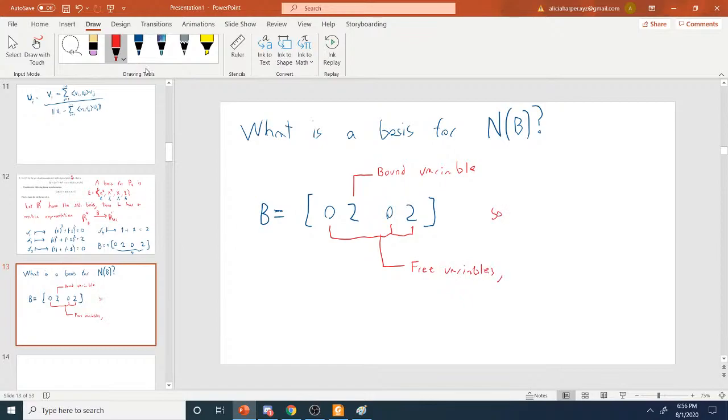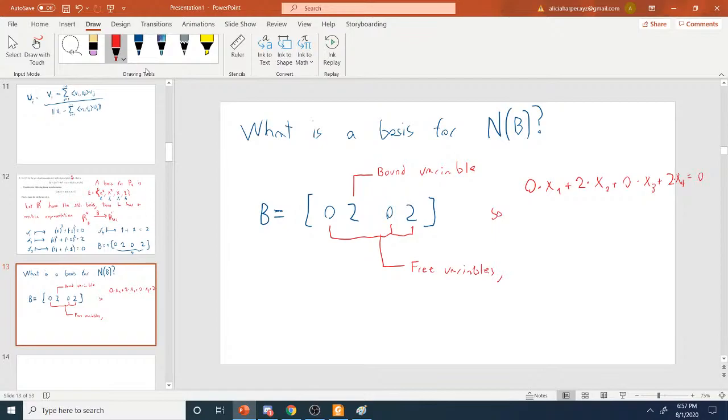So what we have is 0 times x1 plus 2 times x2 plus 0 times x3 plus 2 times x4 is equal to 0.